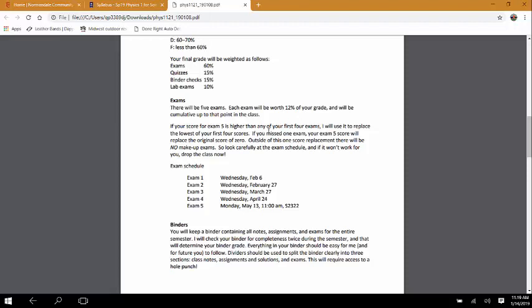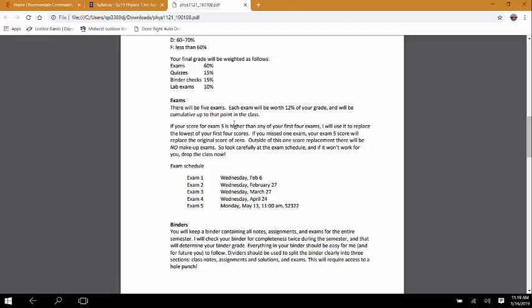And each one of those exams is cumulative up to that point in the class. So when you take exam 4, you're responsible for all the material from the start of the class up until exam 4. So everything's kind of like a final up to that point. And I have sort of a mulligan built into this system in the following way.